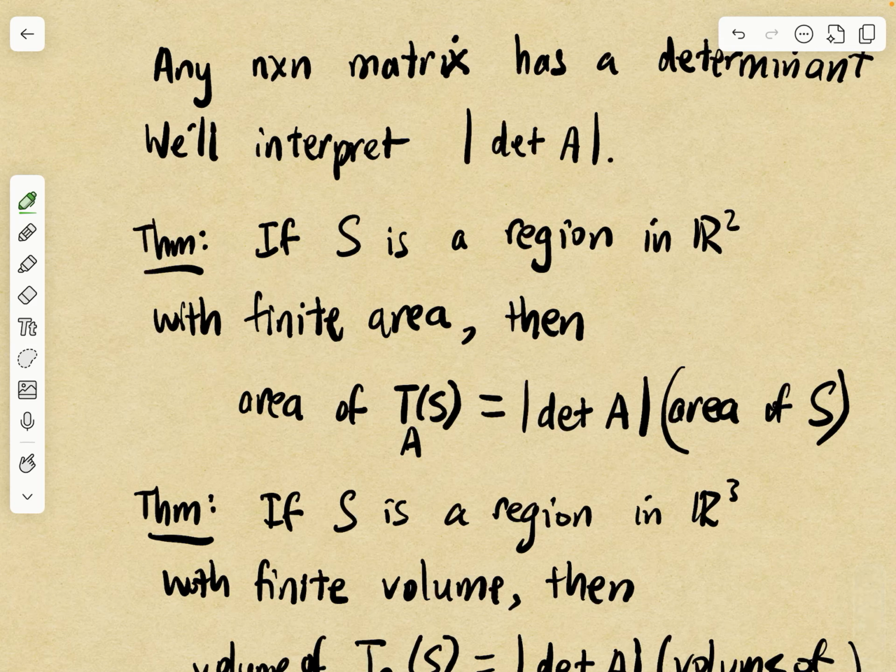So recall that the determinant has these properties that if you swap two rows, you don't change the absolute value of the determinant, right?